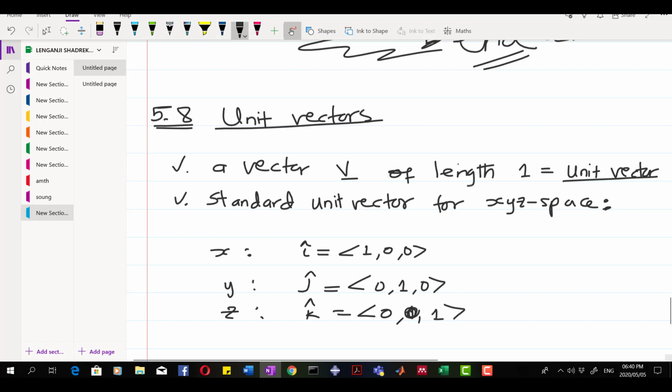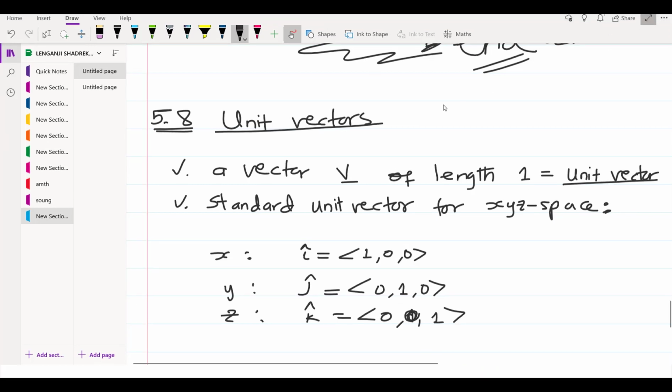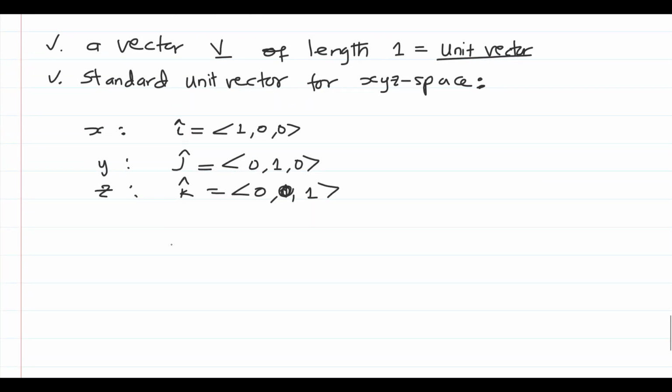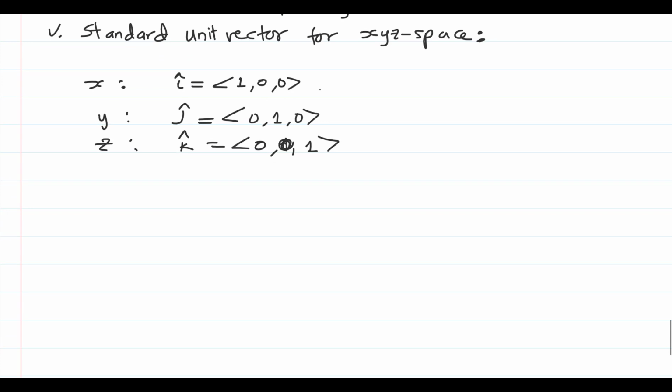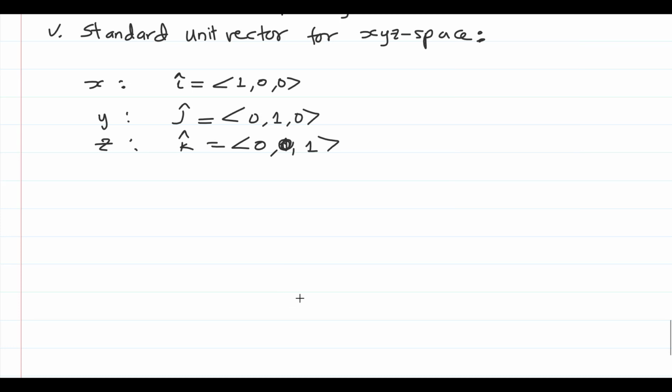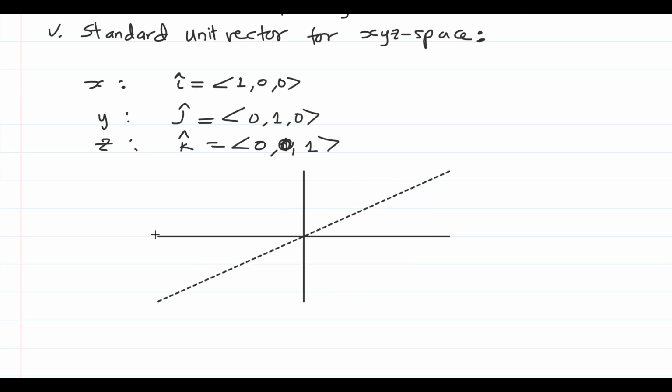Just to give a pictorial representation of what we have here, let's say this is our x-axis, this is our y-axis, and this is our z-axis.